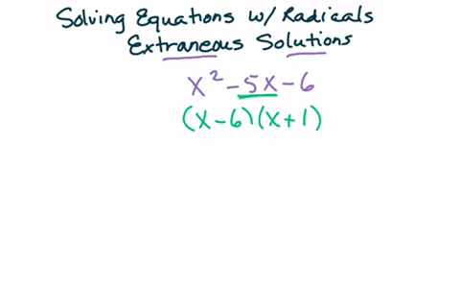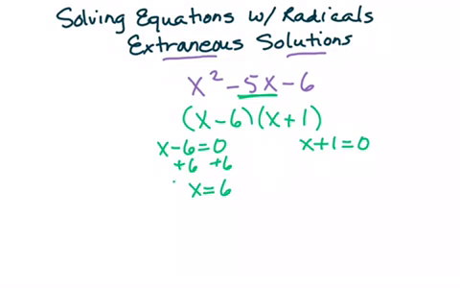Now, but that's not my solution. My solution then, I have to say x minus 6 equals 0 and x plus 1 equals 0. And when I solve this, I get x equals 6. And then when I solve this one, x equals negative 1.